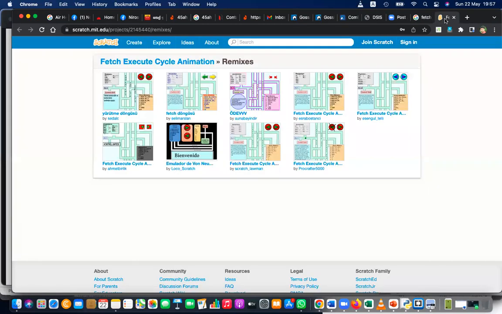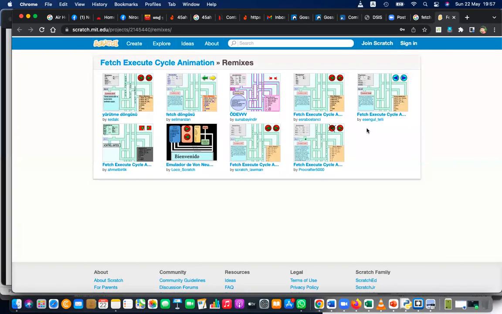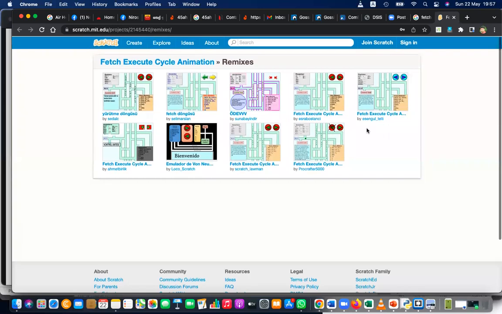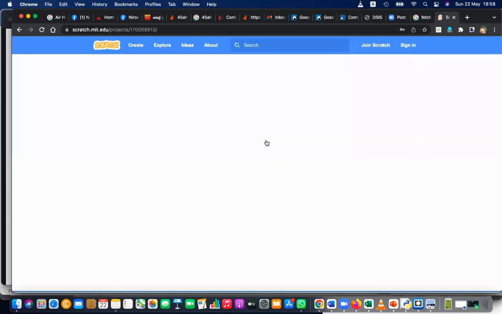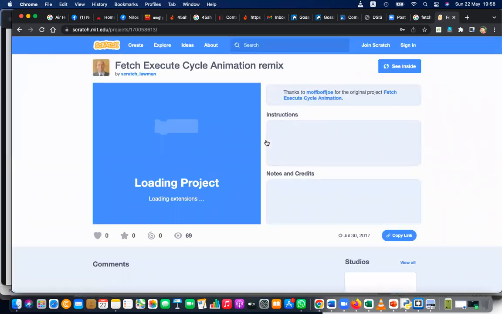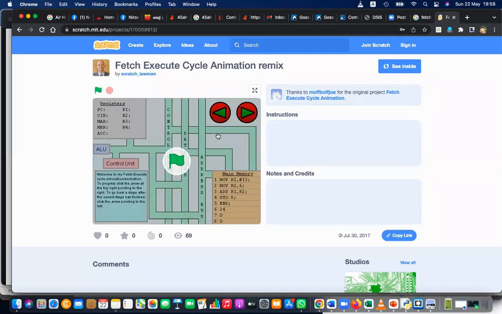There are multiple animations. Let me select one. You can also do this to explain a process. If you need to interactively create a demonstration, maybe this is not useful for your examination, but you can still give it a try.